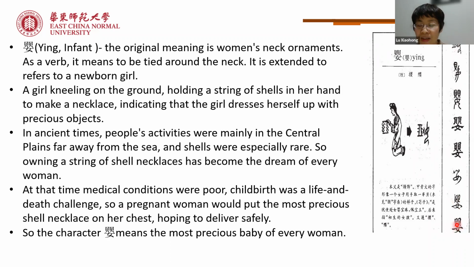So in the upper part is shells. These are two shells. And then in the lower part is a female. So originally it means a female baby, but now it means infant. And so for a female girl, that's the precious baby of every woman.